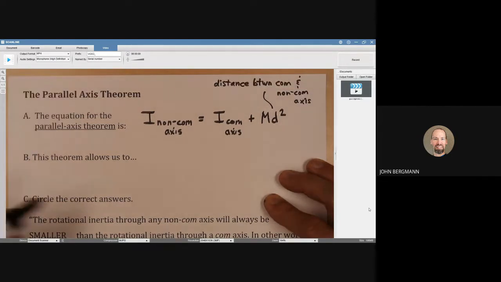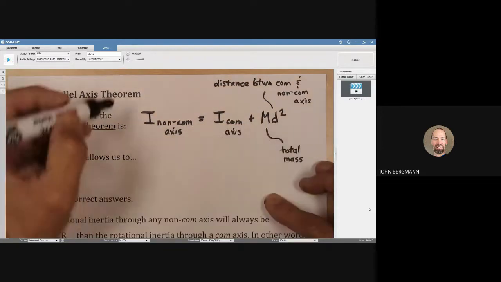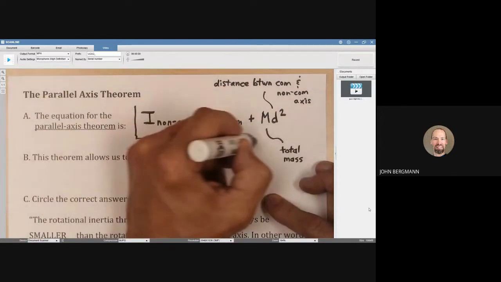That's what d is. And m is the total mass. That is the equation for the parallel axis theorem.